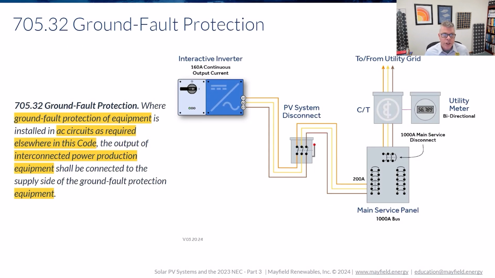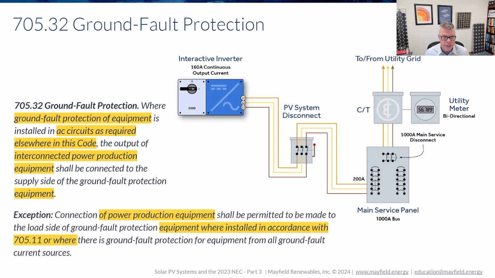Ground fault protection for our systems: if we have ground fault protection on that main breaker, the general rule is saying that if there's ground fault equipment where it's required elsewhere in the code, then our interconnected system, our PV system, our power production system, needs to be located on the supply side of that ground fault protection equipment.